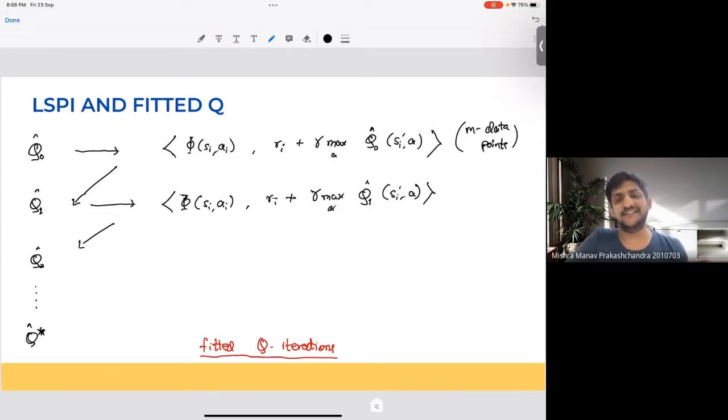I think this field is fairly new. The first paper in deep RL came out in 2015, and after that it has expanded like crazy. There are a lot of different applications, a lot of different deep RL techniques that people have used. So current research in RL is more or less deep RL. Only people working on the theoretical aspects of RL make use of the classical RL that we have been covering in the classes so far.